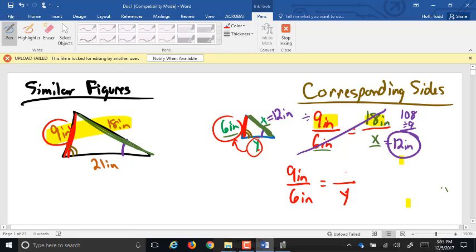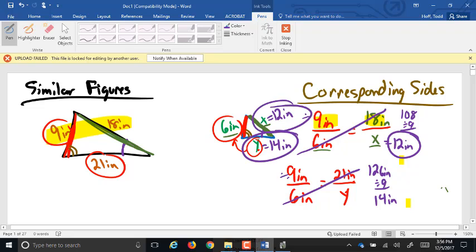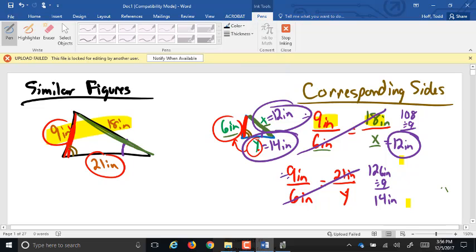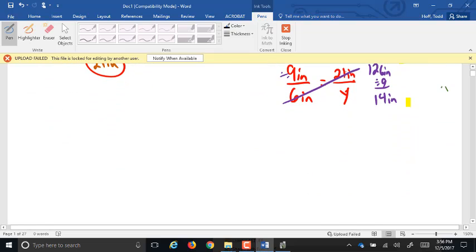So then what's going to go above it? 21 is the corresponding side. So we will cross multiply. 6 times 21 is 126 inches. Divided by 9, which is, what does that come out to be, 14 inches? So y is 14 inches, x is 12 inches. We don't always get them matched up nice and neat like that in the same orientation.